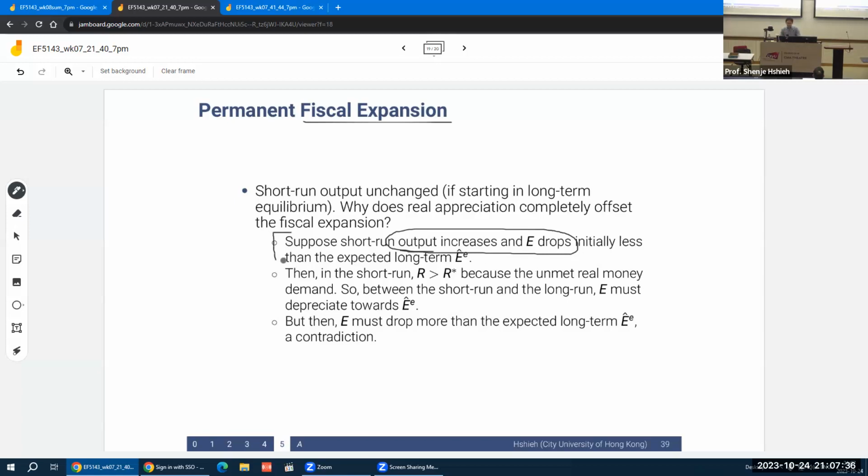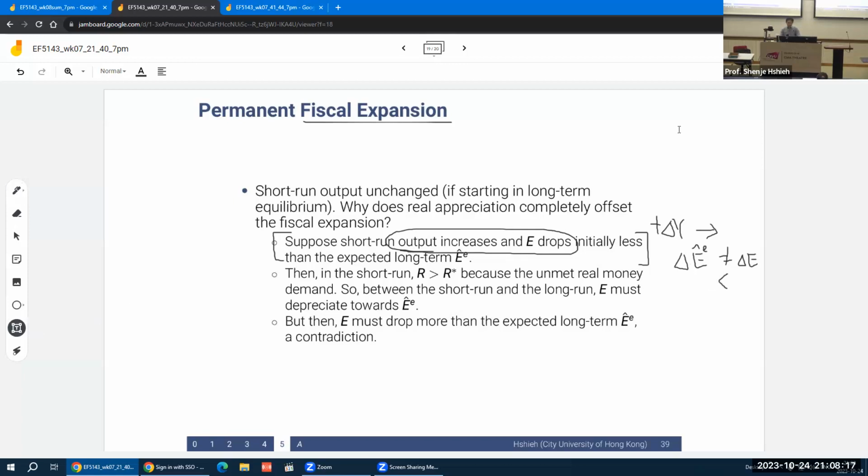All right, so I want to first claim that if we assume there is a positive change in Y, then it must be true that the change in E^e will not be the same as the change in E. In fact, the change in E is going to be more positive than E^e.